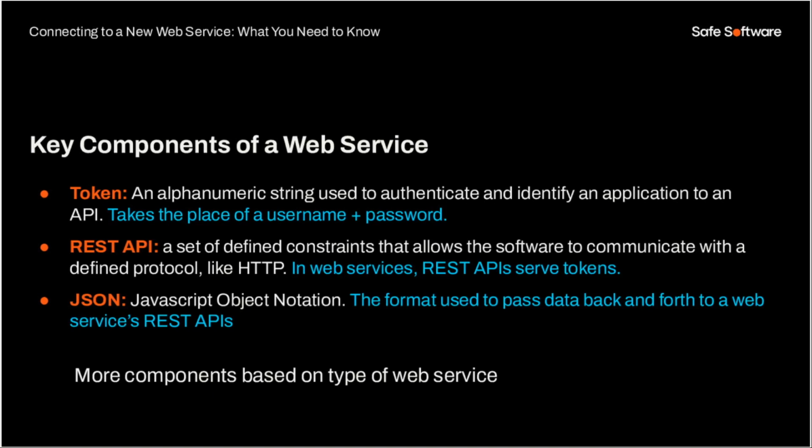So a vendor like Azure, and ArcGIS Online, is going to have a URL that's an endpoint to one of the REST APIs where FME can go get those tokens to authenticate. JSON is JavaScript Object Notation, and this is the format most commonly used to pass data back and forth to web services REST APIs. And there are more components based on the type of web service, and we'll kind of cover those as we discuss token and OAuth 2 web services.